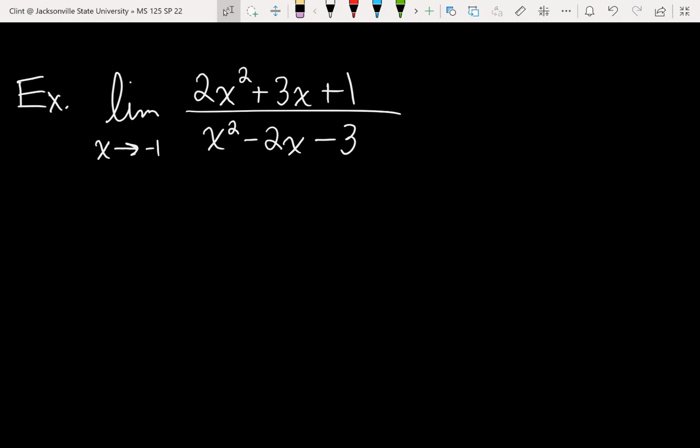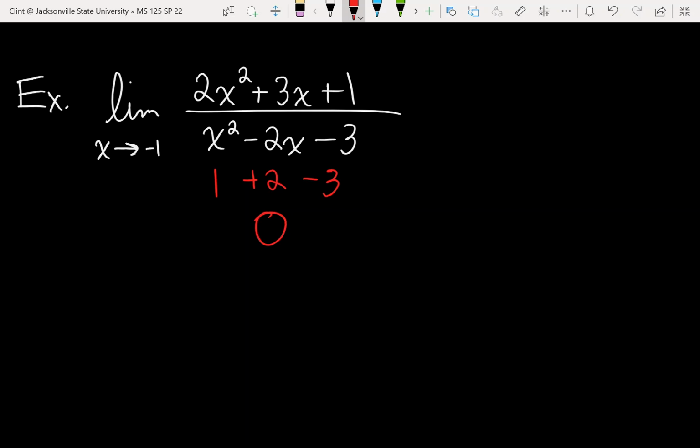On the bottom, if we try that, negative 1 squared will be positive 1, and negative 2 times negative 1 will be plus 2. And we got minus 3, so we end up getting 0 on the bottom.